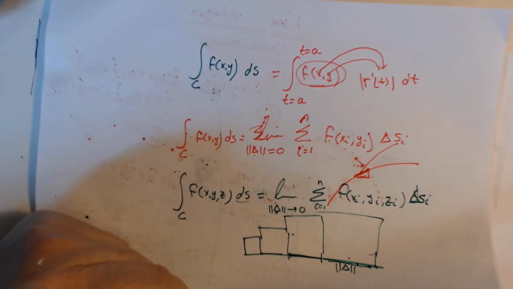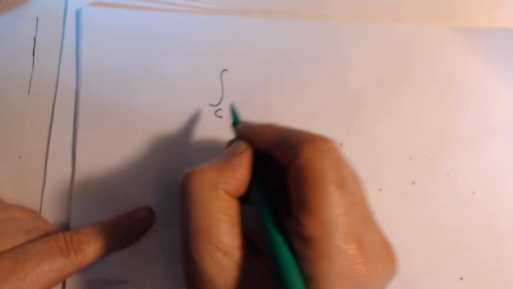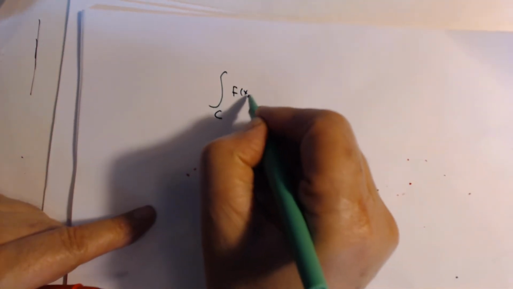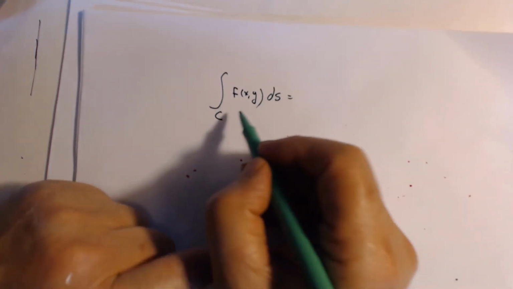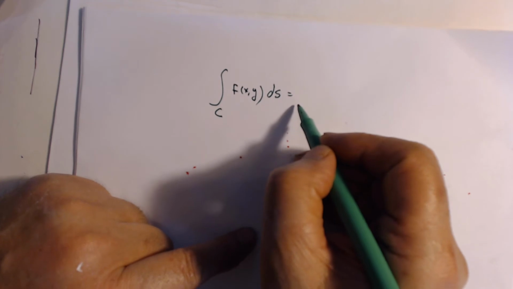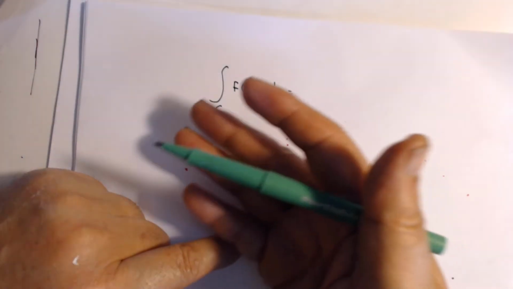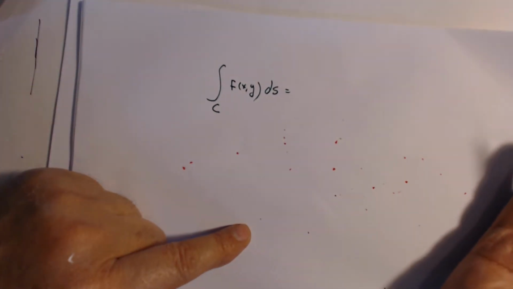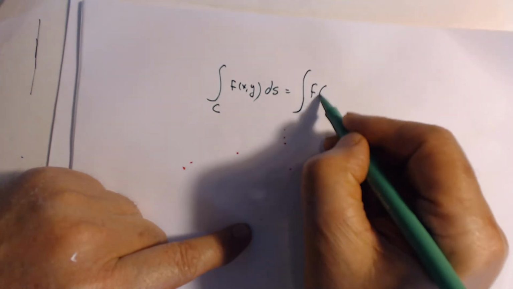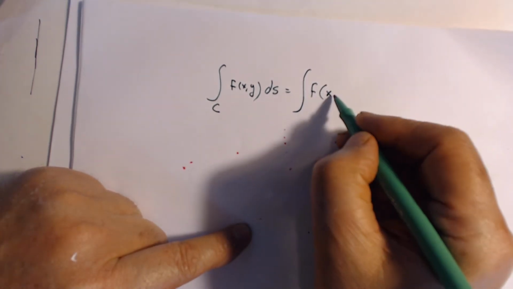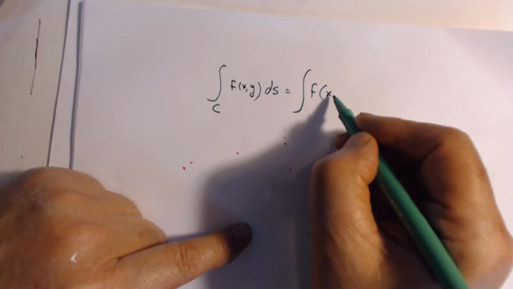Okay, and this is nothing except the limit, provided, and provided means that it has to be a smooth curve. Therefore, somebody said, what happens if I have a line integral of f of x and y ds? How do I change this to a definite integral so that I'll be able to integrate it? Remember, all line integrals eventually have to become definite integrals. In here, you have to take x as the same parameter as your arc length.